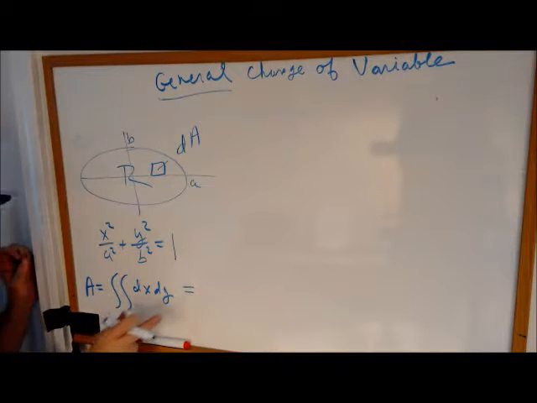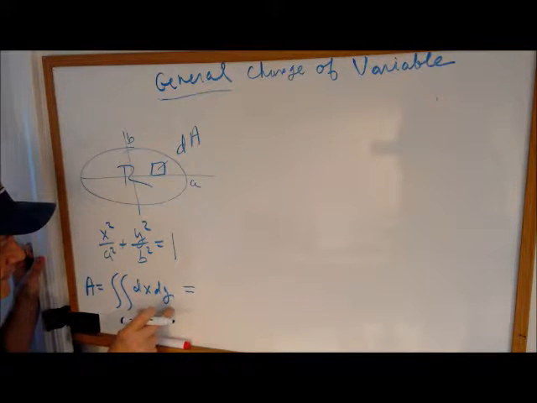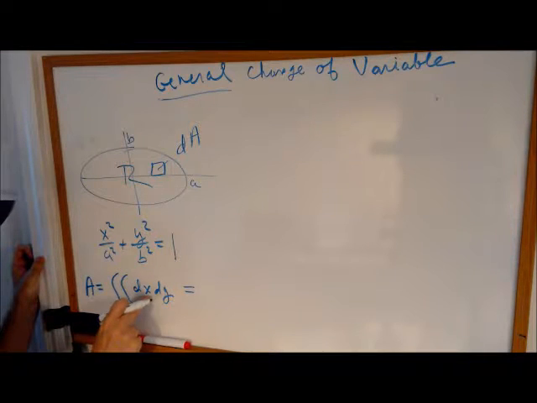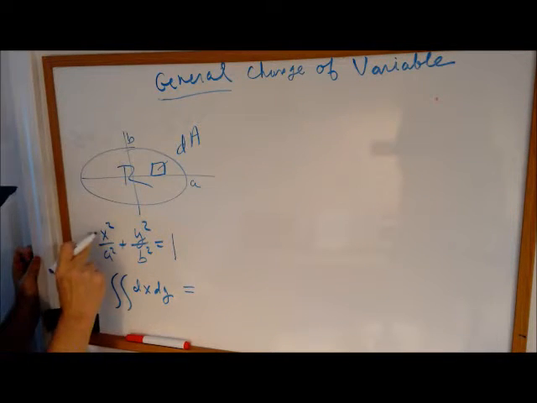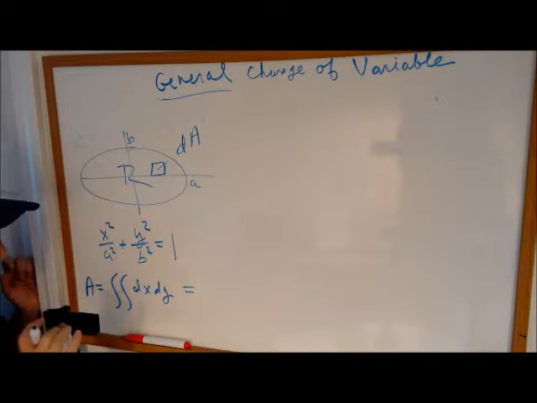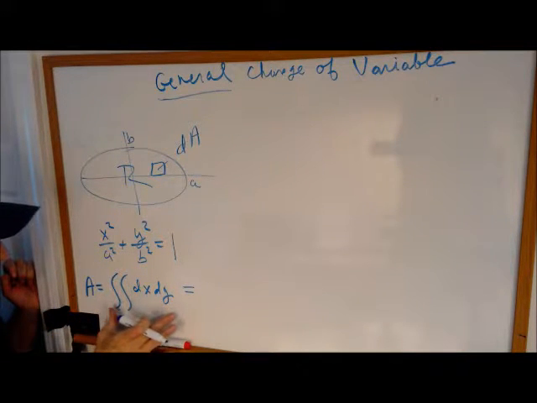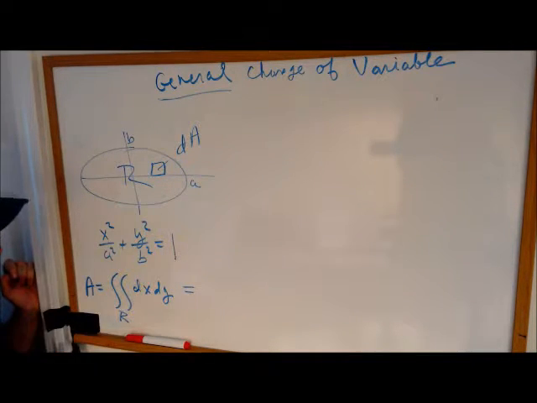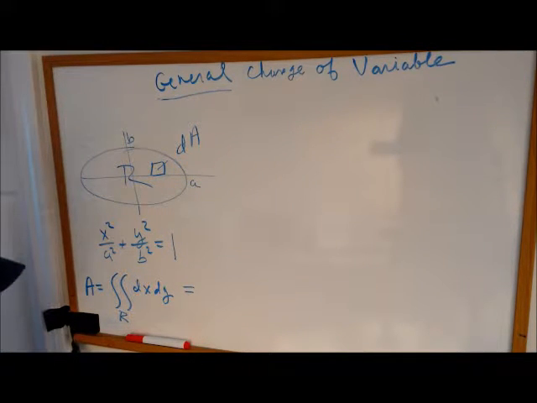The problem is the bounds are complicated. So x goes from, well, you have to solve for x, and it's kind of messy. It's hard to do, I won't say impossible, it's just difficult to do this double integral over the region R.